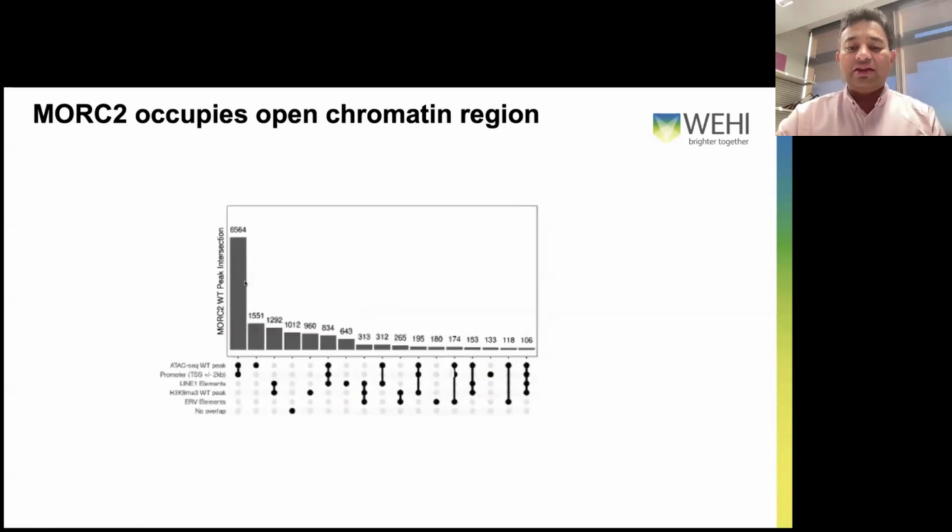And if we look at it a bit further, we see that most of the MORC2 is actually within the promoter regions of the genome. And then the next one is within these LINE elements, which are known to contain the H3K9 trimethylation marks in them.